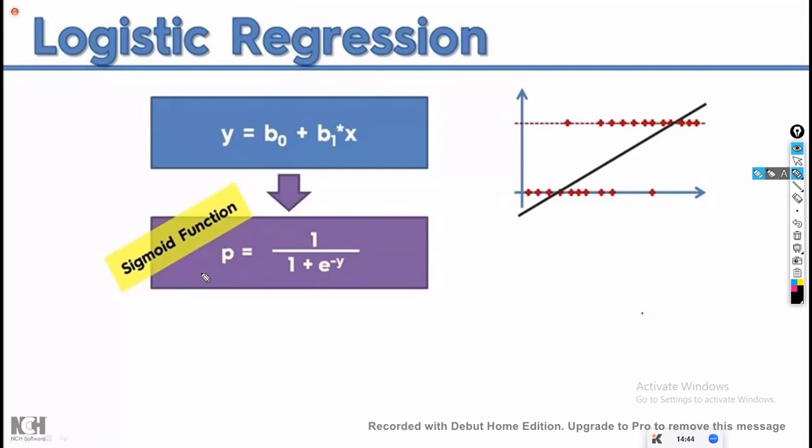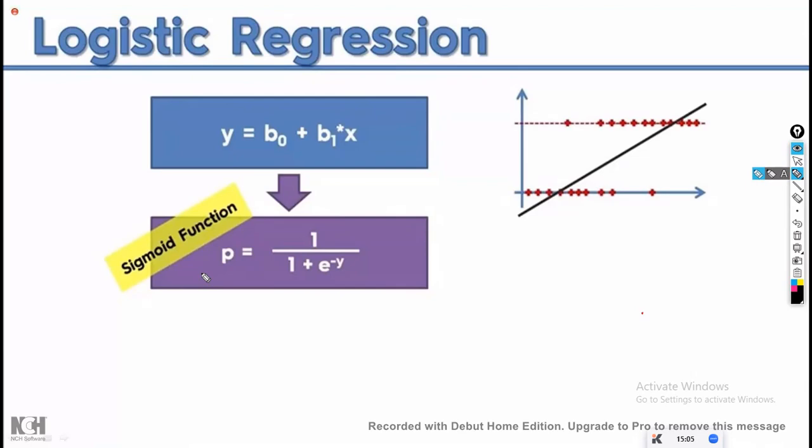Whether it is logistic regression, gradient boost, XGBoost, some kind of advanced ML algorithms, and even in neural networks and artificial intelligence, the same sigmoid is going to play a very important role.